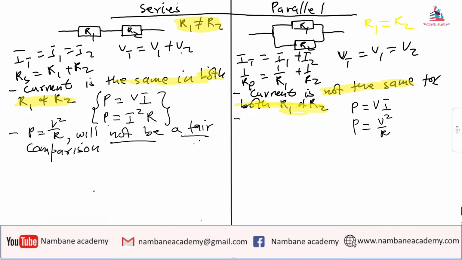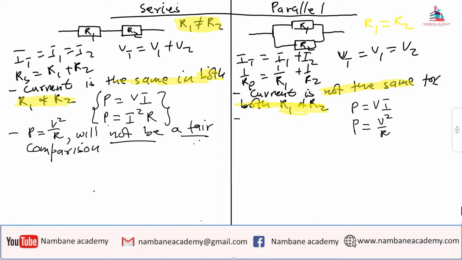This becomes an unfair comparison only because both V and R change. We cannot have both variables changing for us to compare, because the question will be to compare the brightness of R1 to that of R2.